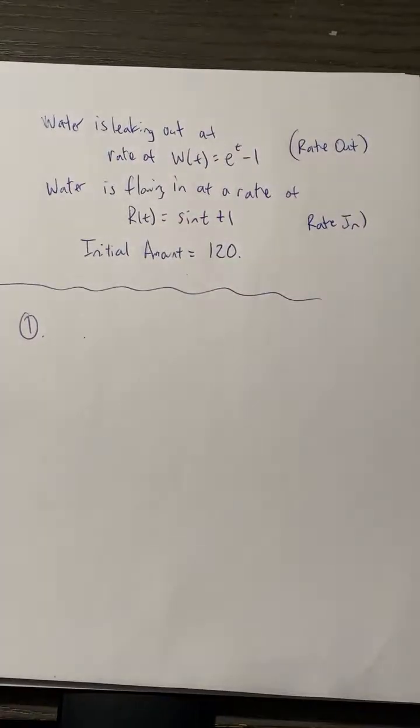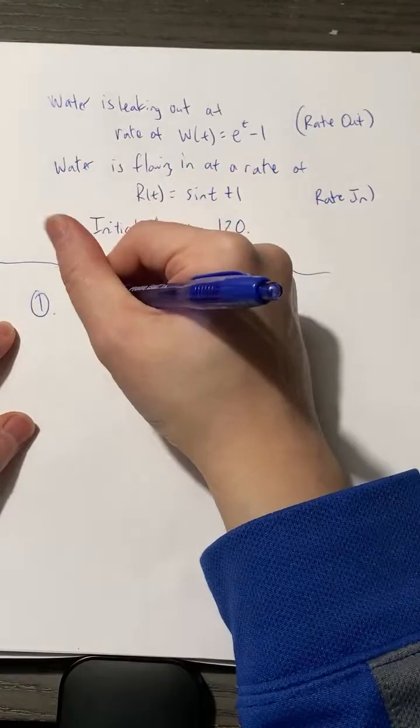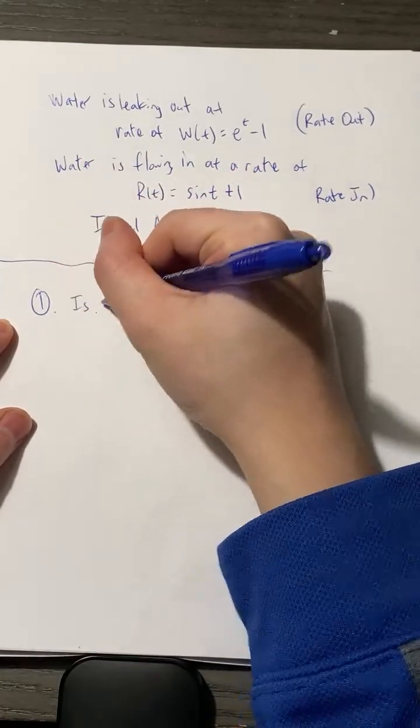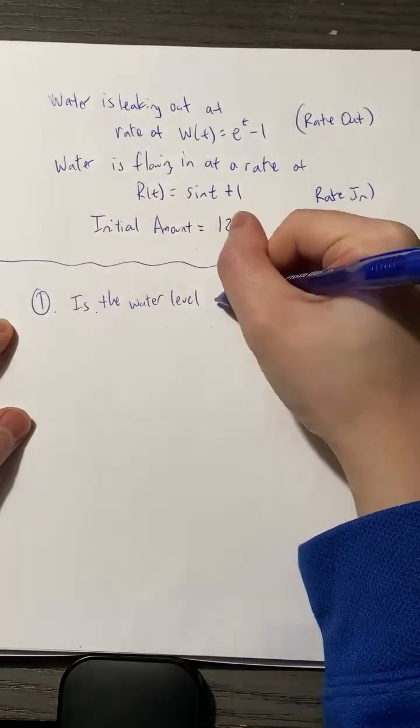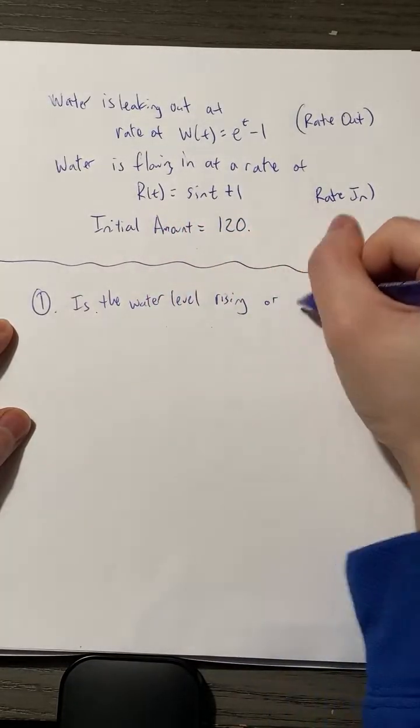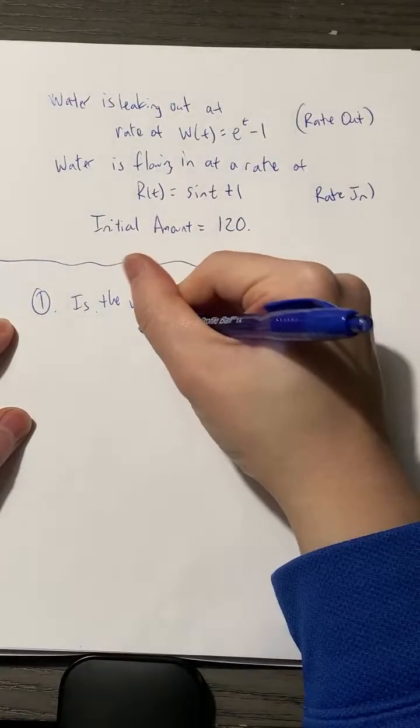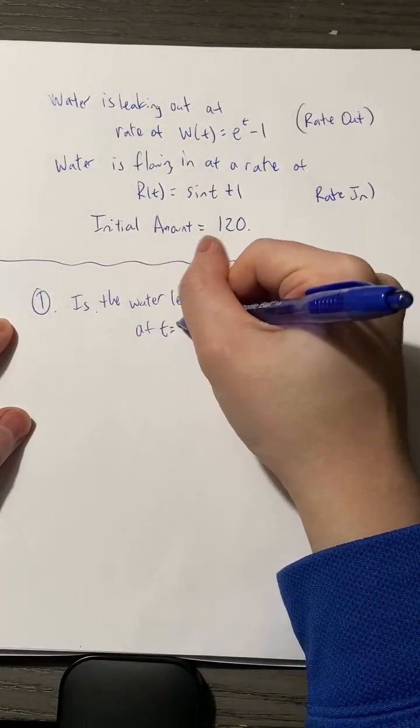Again, just be wary that in rate in, rate out FRQs on the AP exam, they don't always use the same words every single time. Sometimes they use different wordings. So for example, sometimes they'll say is the water level rising or falling at t is equal to 3 or something.